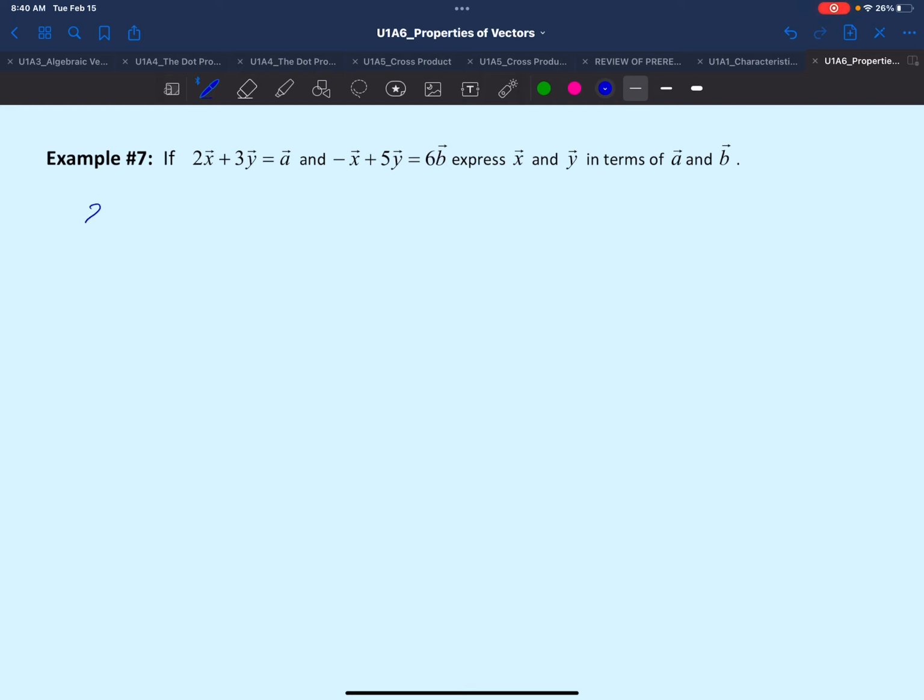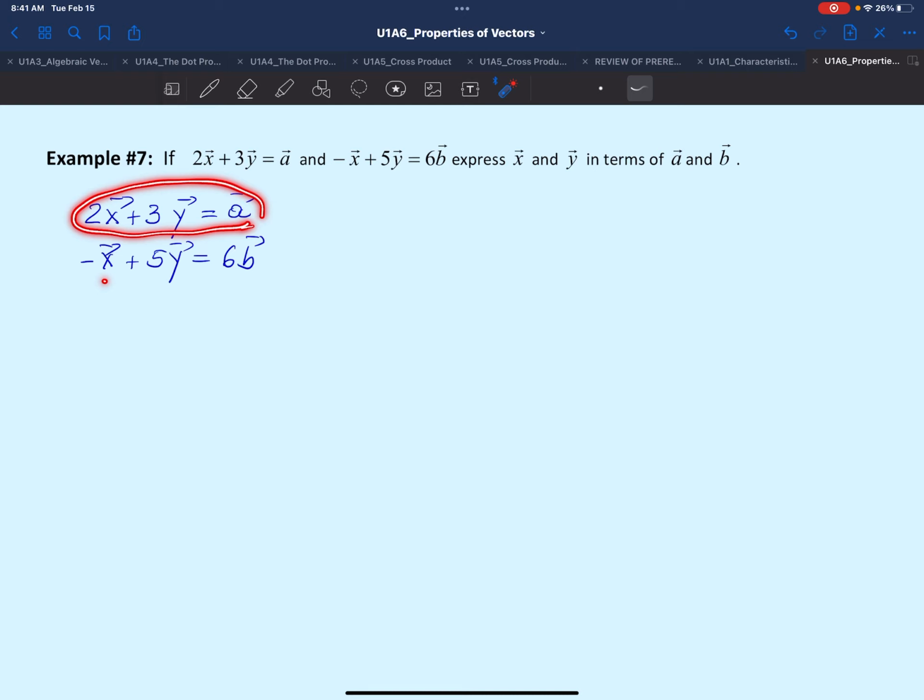So first I'm going to start off by writing the two equations given. So what we have is 2x plus 3y equals vector A. So they're all vectors here. And we have negative x plus 5y equals vector 6b. So as you can see in here, we have x and y and a related, and x and y and b.